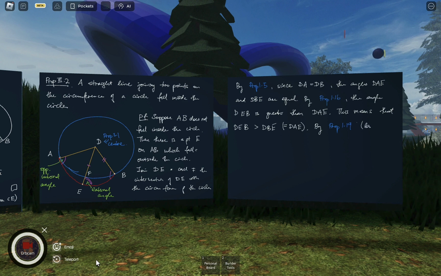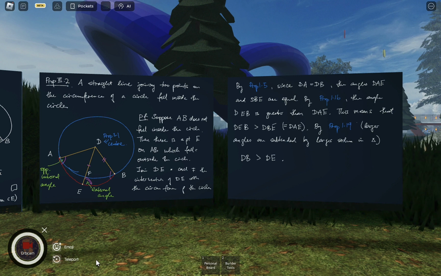So that's a quick, brief recap of what it says. So by 1.19, the conclusion is that DB, which is the radius actually, is greater than DE, right? And this is impossible, right?